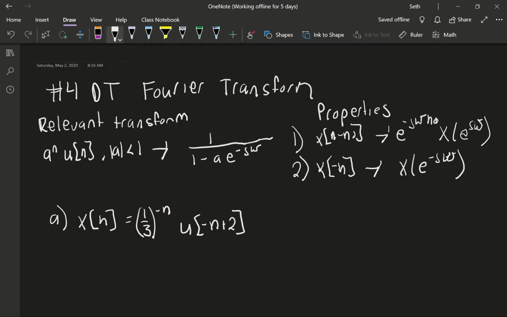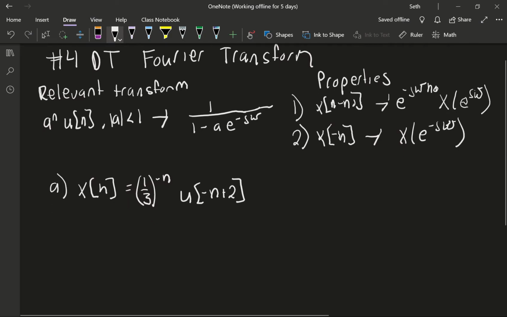The shifting property has just the effect of multiplying the Fourier transform by e to the negative j omega n naught, where n naught is the shift, and the time reversal property has the effect of just adding a negative sign into the exponential. So if you had e^(j omega), you get e^(-j omega), etc. So that's pretty straightforward.